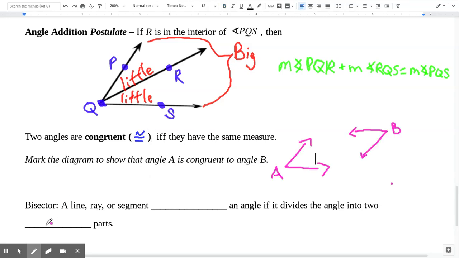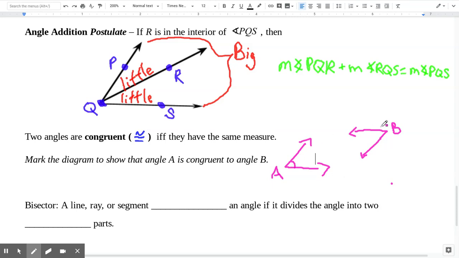So we can look at that in a diagram like this one. If we want to show that angle A is congruent to angle B, it's kind of similar to what we do with segments, but when we talk about the measurement of the angle, we're talking about the inside portion between the sides of the angle. So to show that angle A is congruent to angle B, we'll put a little arc inside here.